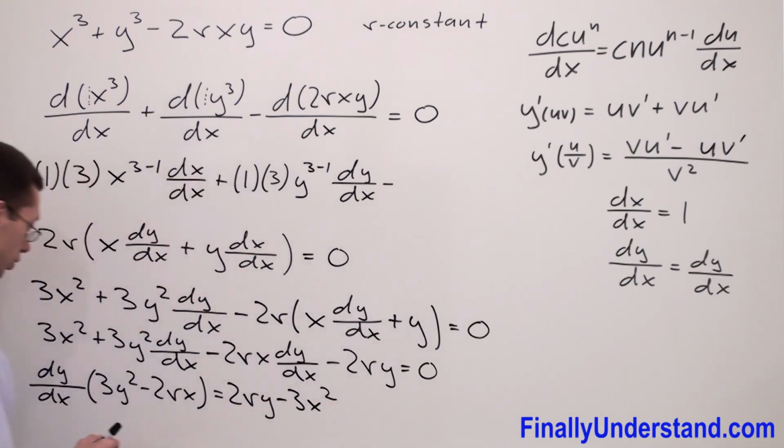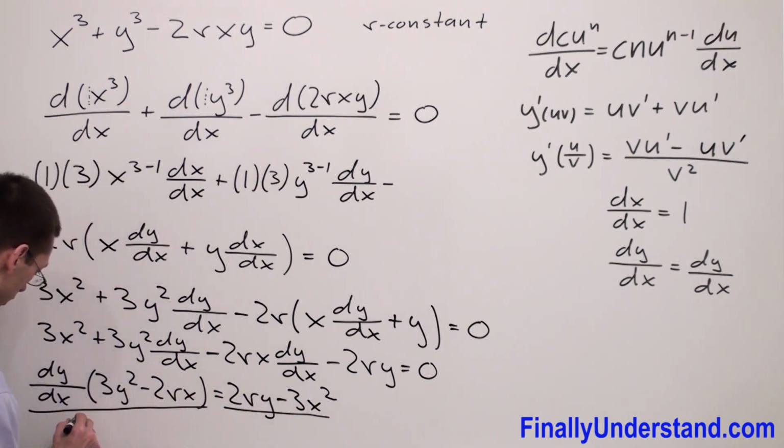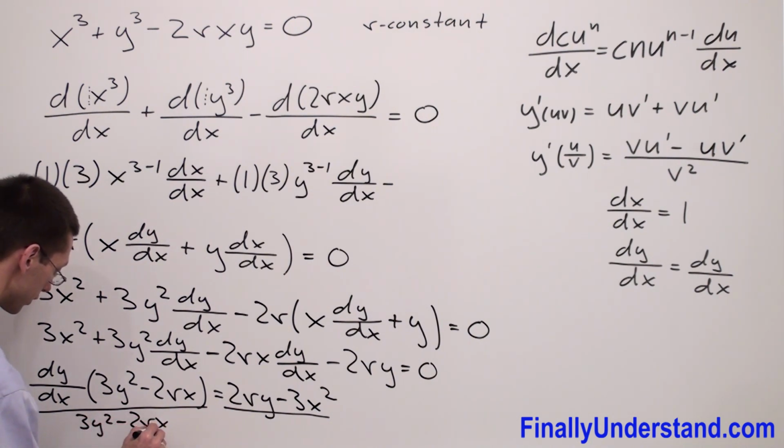Okay? In order to find dy over dx, I have to divide both sides of my equation by 3y squared minus 2rx.